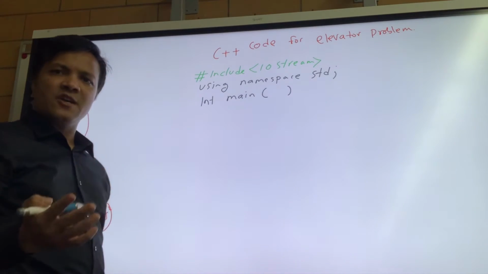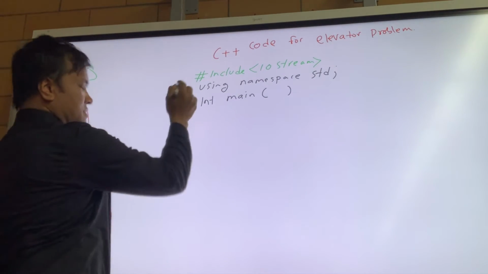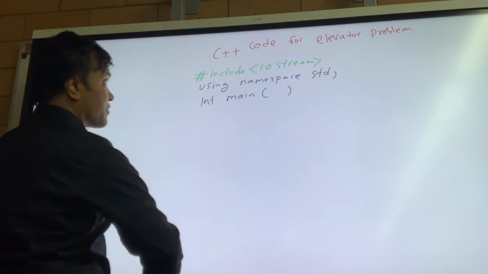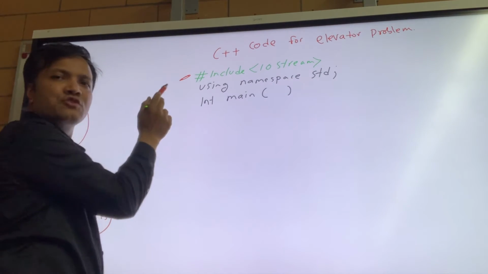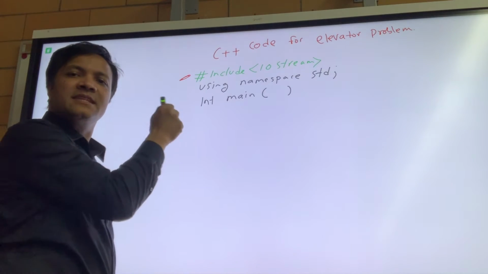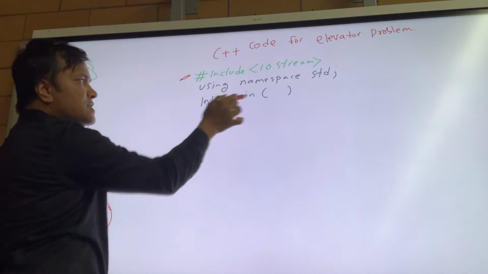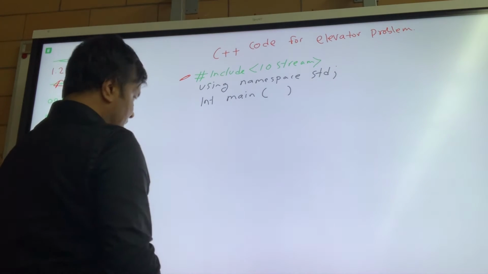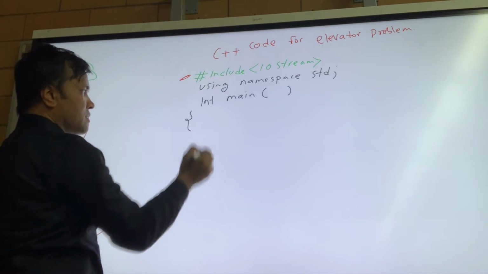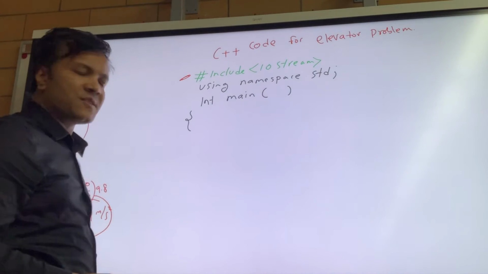Int main is the function. This gives you access to the library. This one allows you to not keep writing std in every single line of the code, and this one is the function. So you're going to have one function for this code, and the function body is always in curly braces.